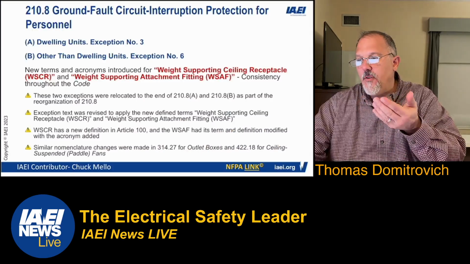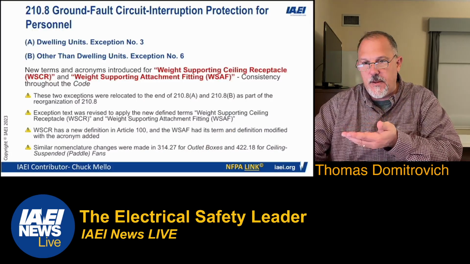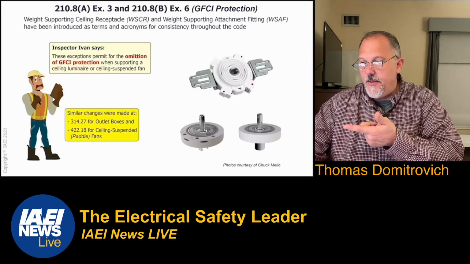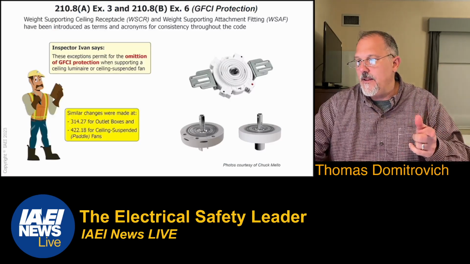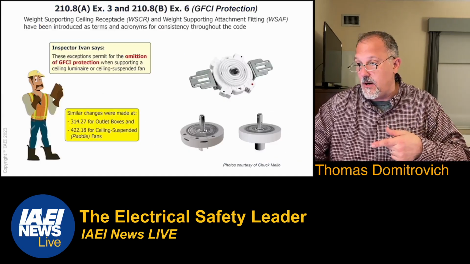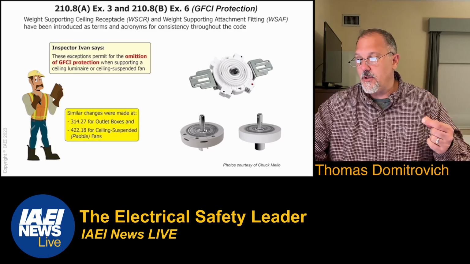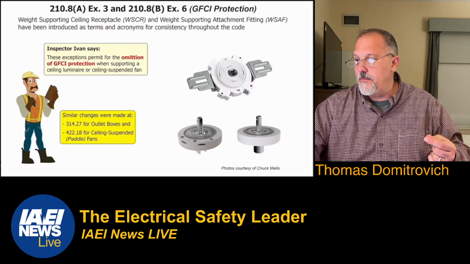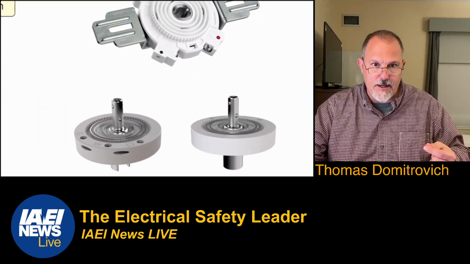All right, and in both A and B exceptions, we just aligned the exceptions for these types of devices that are there for like ceiling fans, etc. We aligned that language with the new definitions for what these devices are. They are weight supporting ceiling receptacles, which is this top item right here, and weight supporting attachment fittings, which are these devices down here.